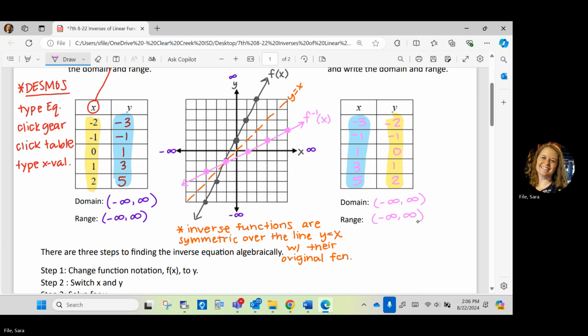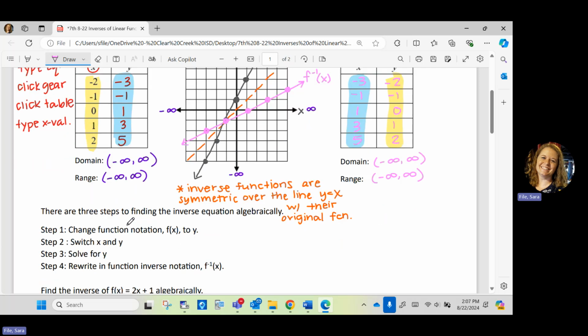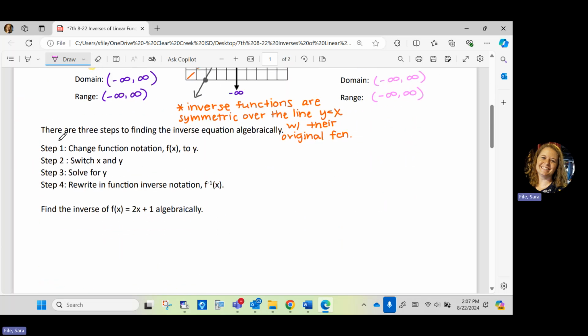Okay, now we're going to talk about how you can find the inverse function from an equation without graphing. So if I don't have a table or a graph, I don't have a list of ordered pairs, any of that stuff, I just have an equation. We're going to follow this 4-step process to get from a function to its inverse.